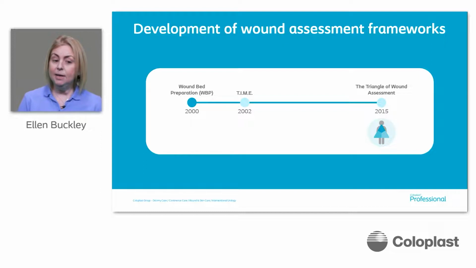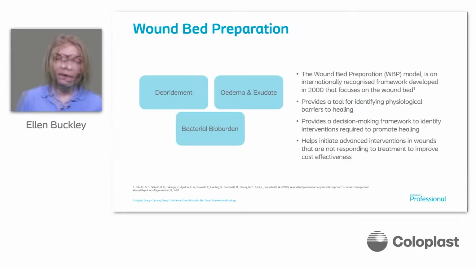Now, this is a timeline of wound assessment frameworks, and the earliest wound assessment framework you might be familiar with was something called wound bed preparation. The wound bed preparation framework was a tool which helped to give some structure to wound assessment, and the areas of the wound that it looked at were predominantly debridement. So is there any devitalised tissue within that wound that needs to be removed to help that wound to progress?